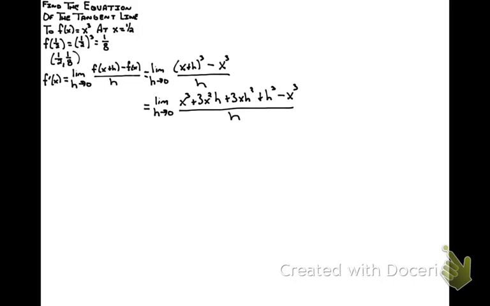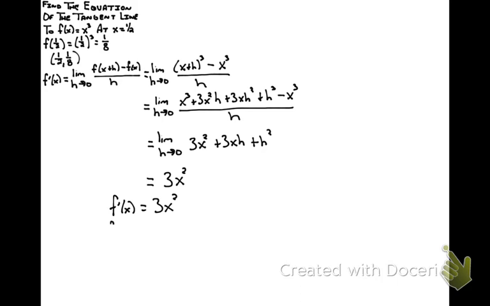And what's glorious about this is once it's expanded, we can see that the x cubed terms subtract out, and we're left with 3 terms that have an h in them, which means the h is going to divide out. So we would be left with 3x squared plus 3xh plus h squared. And now this is a limit we can solve, and when h is 0, we're left with just 3x squared, which means that the derivative of our original function is 3x squared.